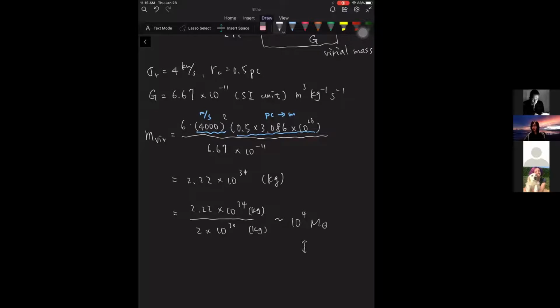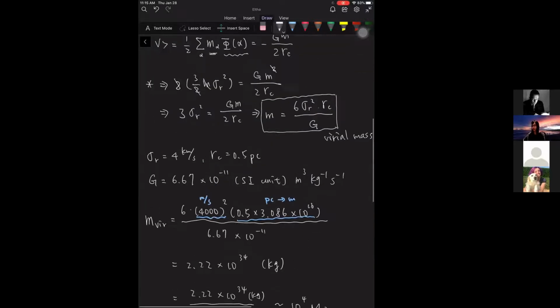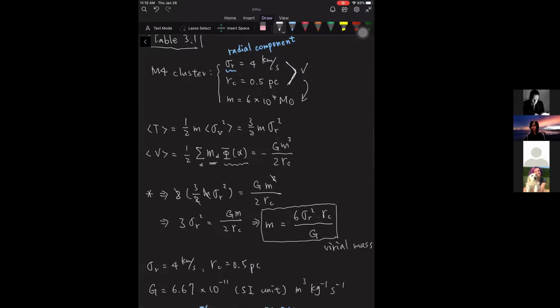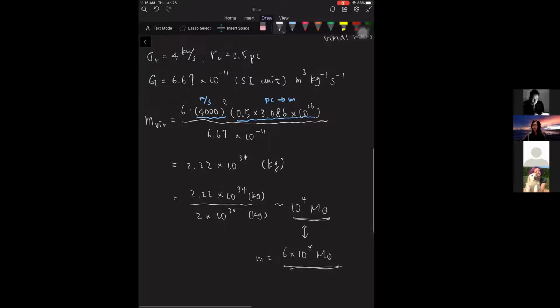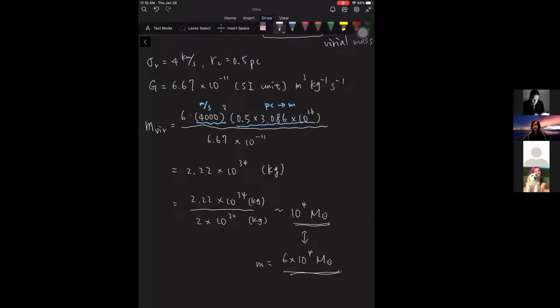And based on the data, we have a mass of 6 times 10 to the 4th solar mass, right? So you will see that the virial mass we derive is pretty close to the mass given by the measurement. So it means that this object is gravitationally bound.